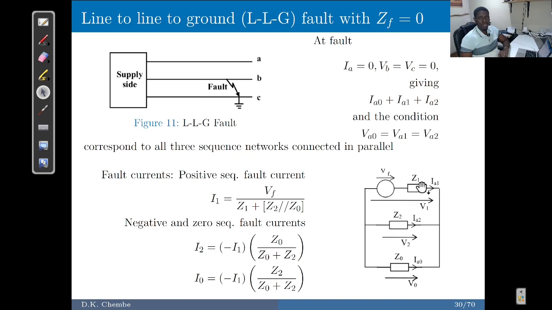So you've got the positive sequence impedance connected to the combination of the negative sequence and the zero sequence in parallel. So these are added in parallel and then added in series to this. So this is the network connection that I'm talking about. And for the unbalanced faults using the Z-bus impedance, we have to find the impedance for the zero sequence, for the negative sequence, and for the positive sequence.